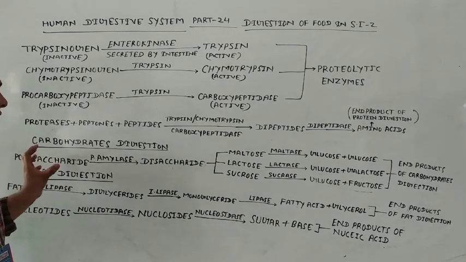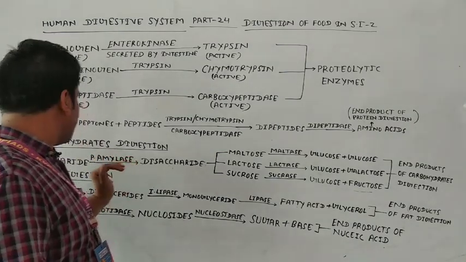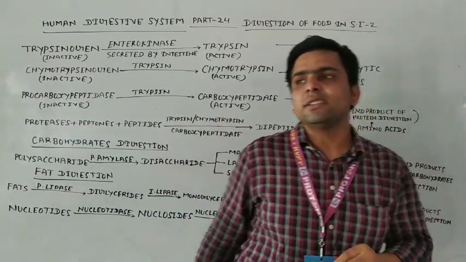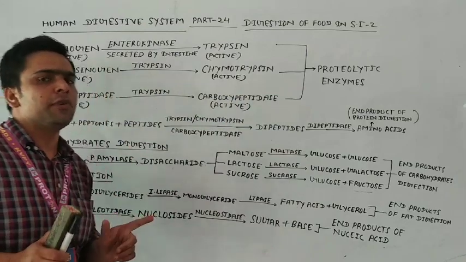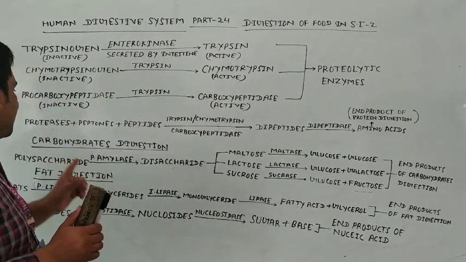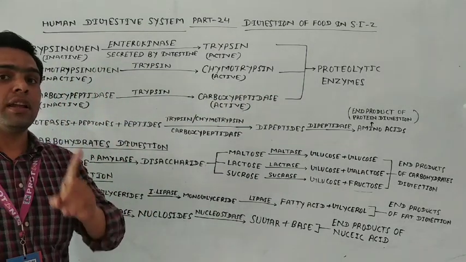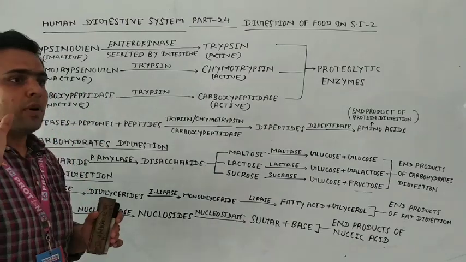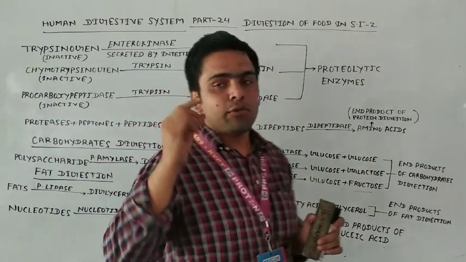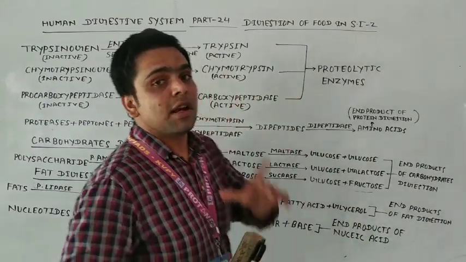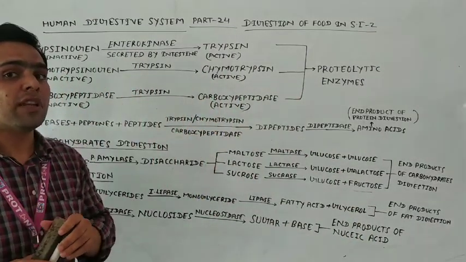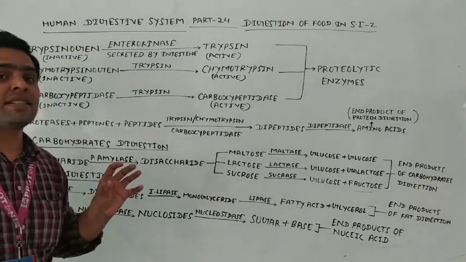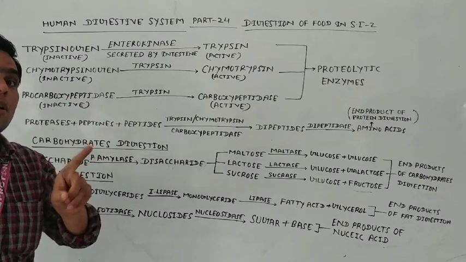Students, before starting the discussion, I have told you that we discussed in our previous video that carbohydrate digestion starts in our mouth cavity. If you remember, when we discussed the digestion process in the mouth cavity, I told you that carbohydrate digestion starts there.